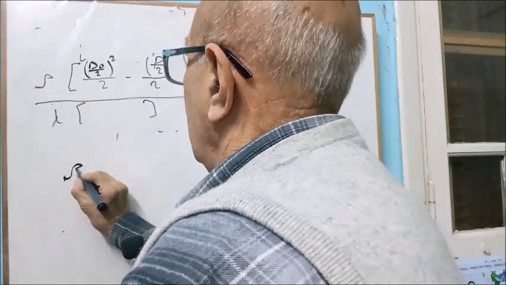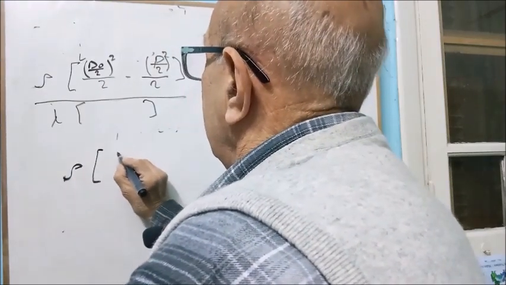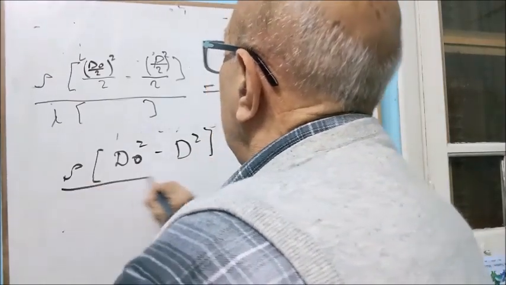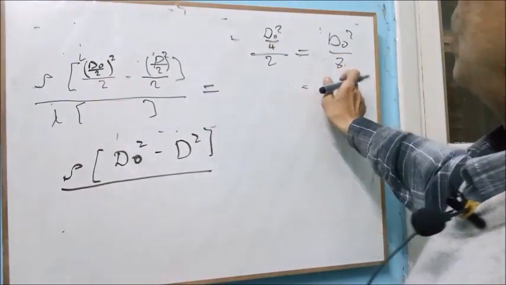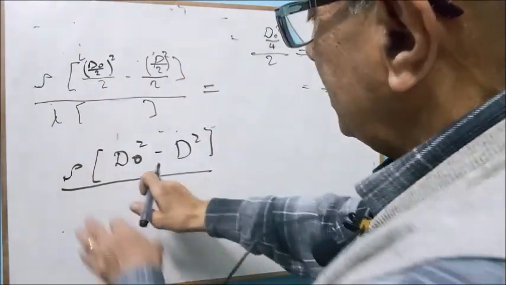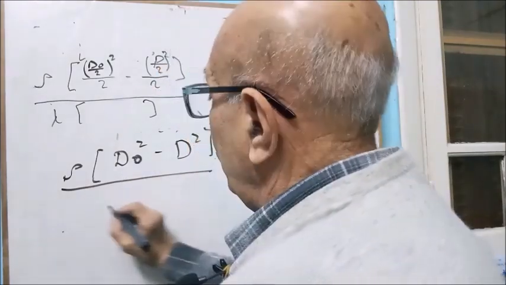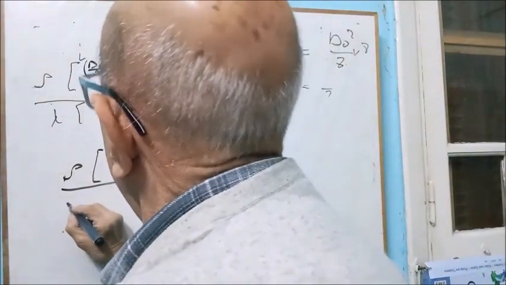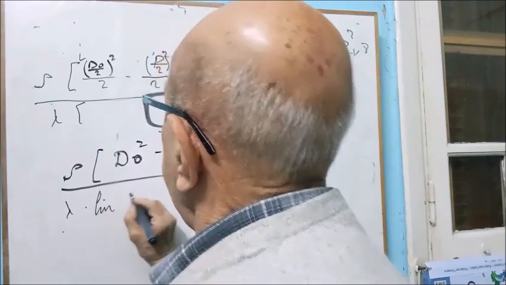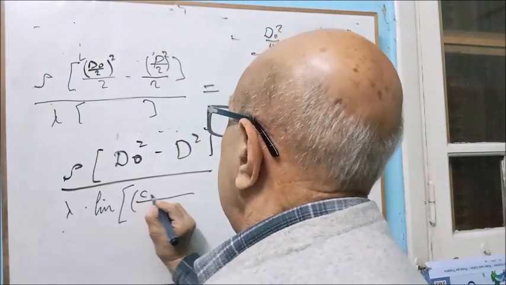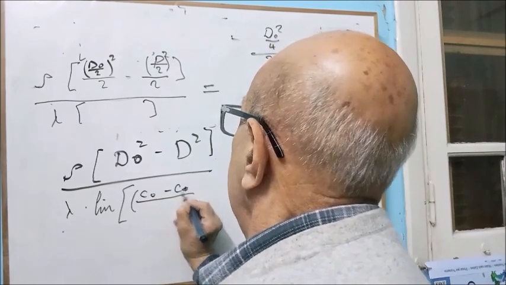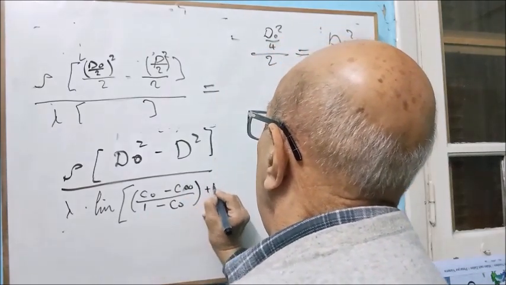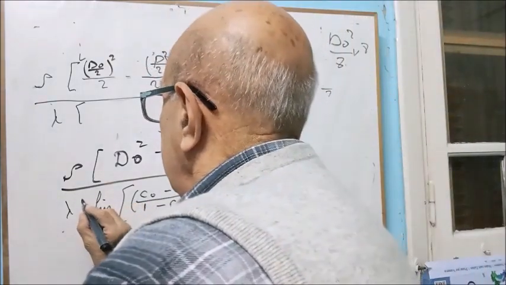It is rho, d0 squared minus d squared, taking the 8 common factor here, d0 squared over 8 minus d squared over 8, taking the LCM and then multiplying both by 8, because this is d0, by multiplying here by 8 and the denominator by 8, we get lambda into the ln term, ln of (C0 minus C infinity over 1 minus C0) plus 1, times 8.